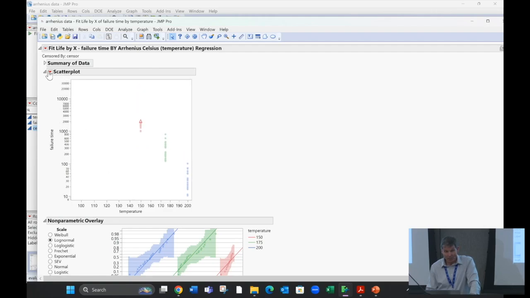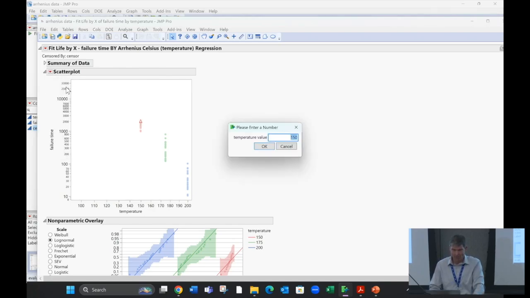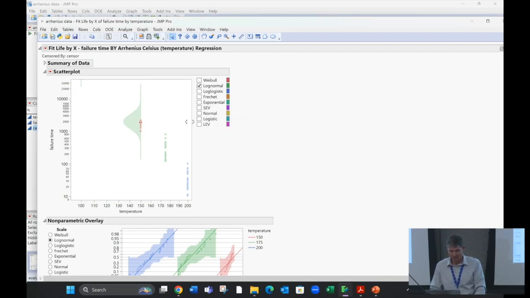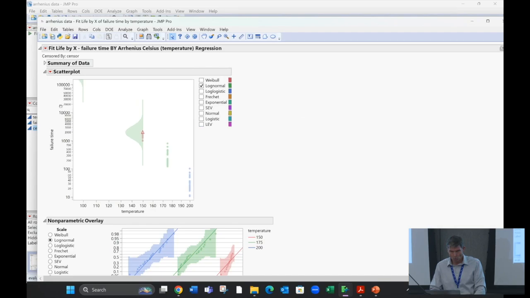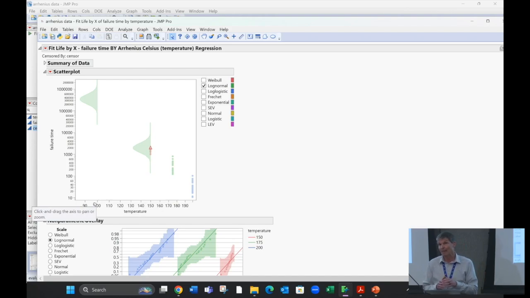But I'm going to have to add a quantile. Under the scatter plot, I'm going to add a density curve at 100. Again, I'm going to use this component at 100 degrees Celsius. I did not test it at 100. Again, I know my operational testers are just cringing, but that's okay.